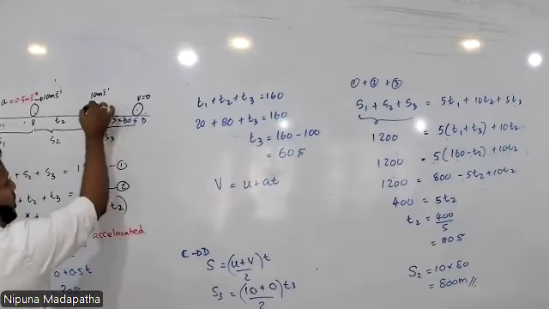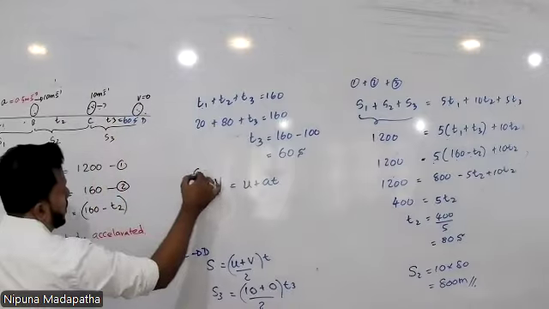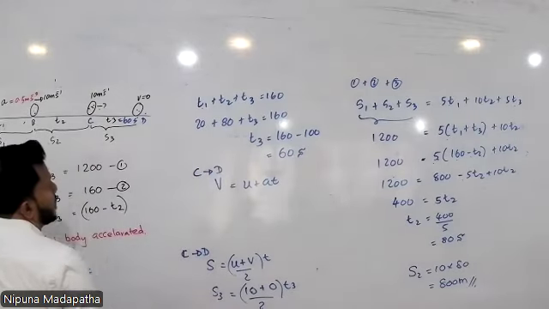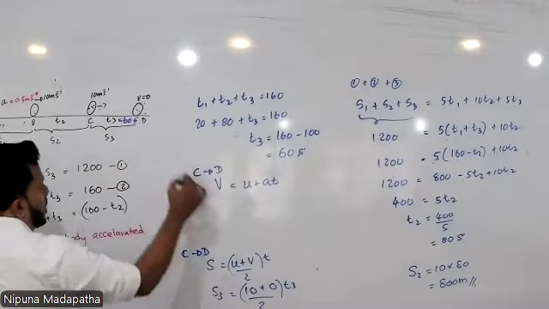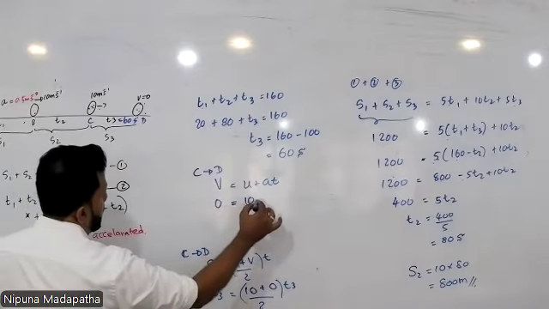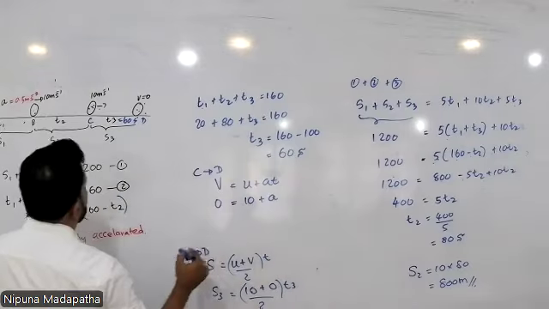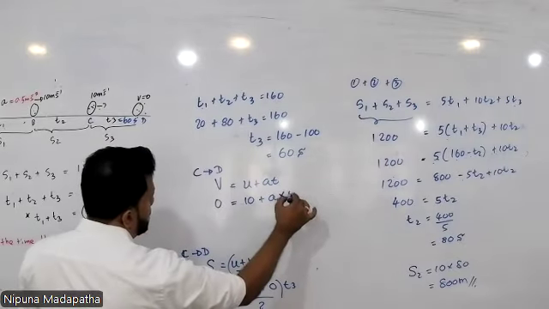Right? Use v equals u plus at for the motion of the body from C to D. Final velocity is 0, initial velocity is 10, deceleration is unknown, time is 60.